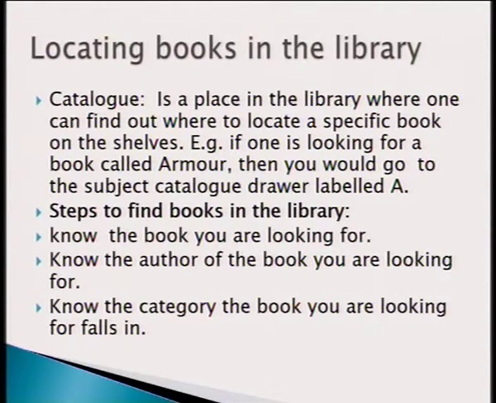In another case, it's very important that you know the category of the book, because some books in the library are categorized alphabetically by name, some according to the authors, and some according to the subject.